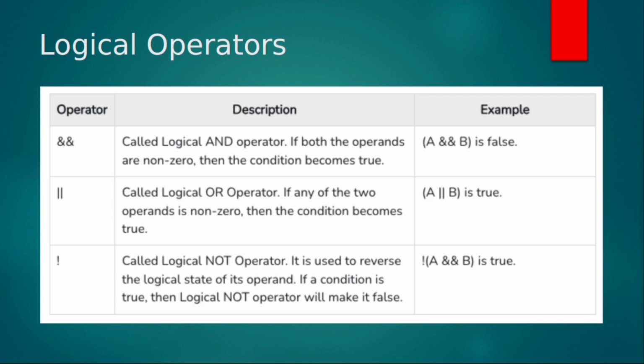There are three logical operators. The and, which is actually the ampersand, so double ampersand, the double pipe, and of course the exclamation mark. The double ampersand is called your logical and operator.